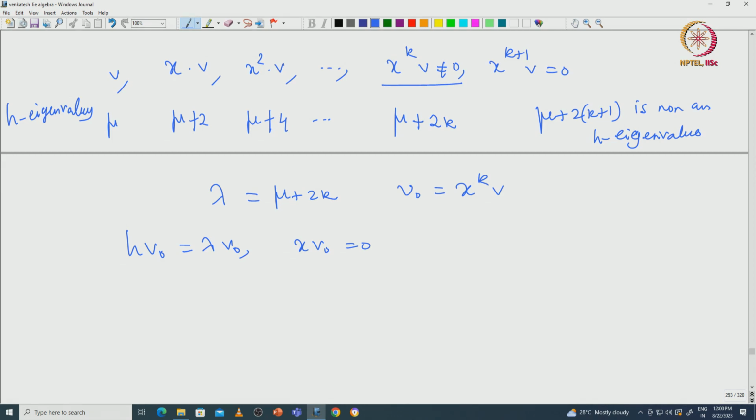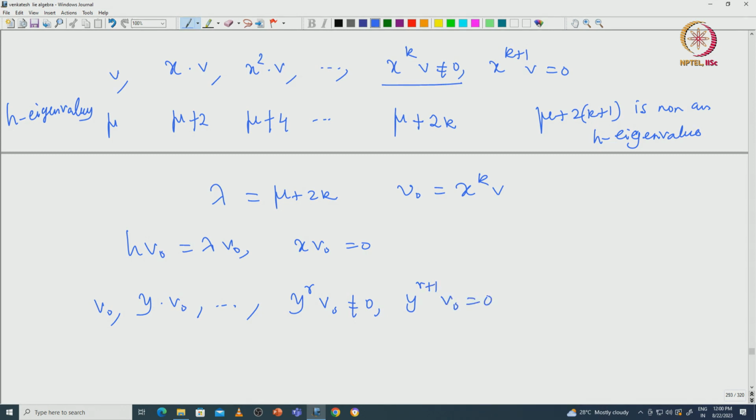Once we have this maximal vector, we immediately looked at how y acts on this v_0. As before, there will be some r such that y^r v_0 is non-zero, but y^(r+1) v_0 is 0.